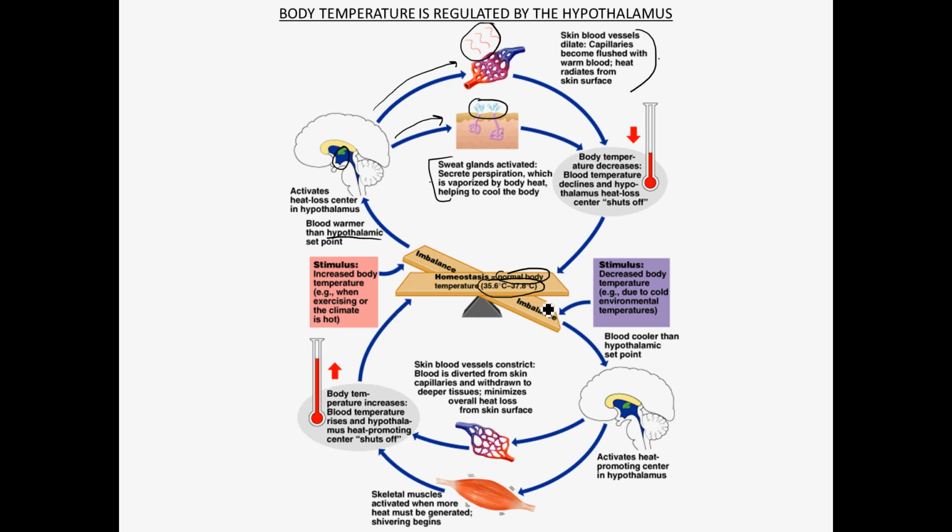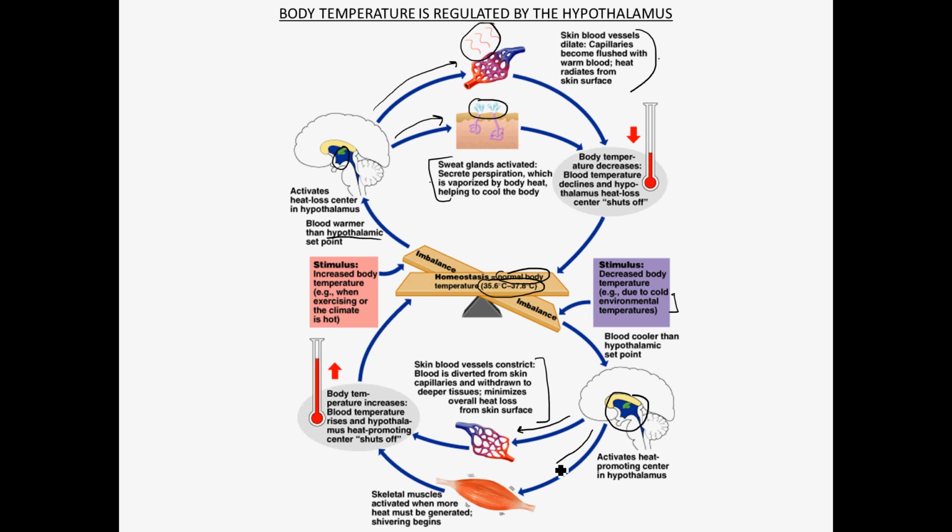On the flip side, if your body temperature is too cold, due to cold environmental temperatures, then your hypothalamus detects that and will send signals to your blood vessels to constrict, to keep blood away from the surface of your skin and shunt that blood to your core, so that your heart, your lungs, your other body organs, and your brain continue to work within this normal range.